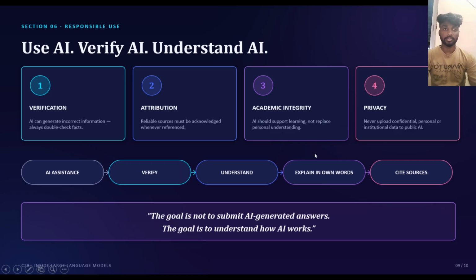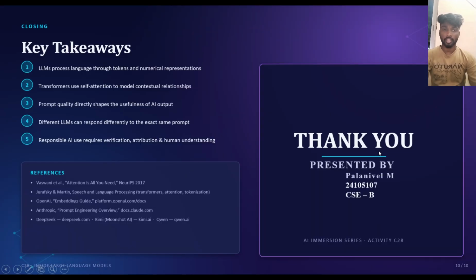AI should help us learn, but it should not replace our own understanding. Fourth is privacy. We should never upload confidential, personal, or industrial information to public AI systems. My overall approach is: AI assists, verify, understand, explain it in our own words, cite sources. So the goal is not simply to submit an AI generated answer.